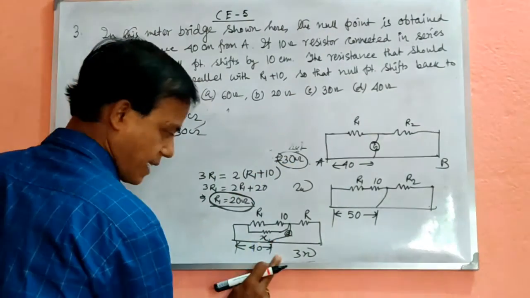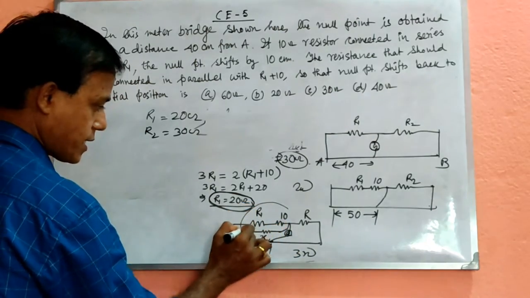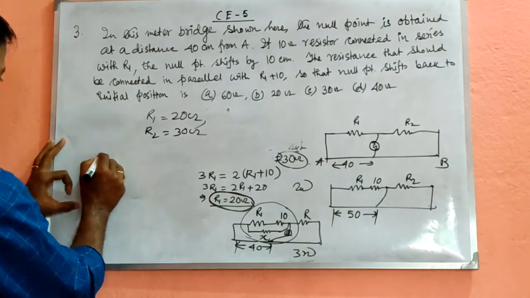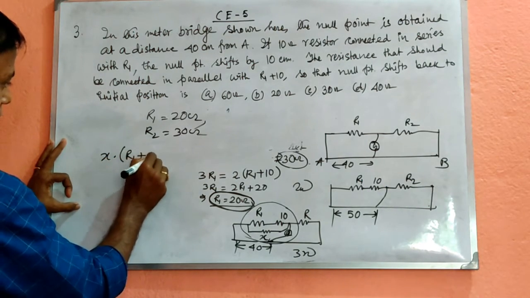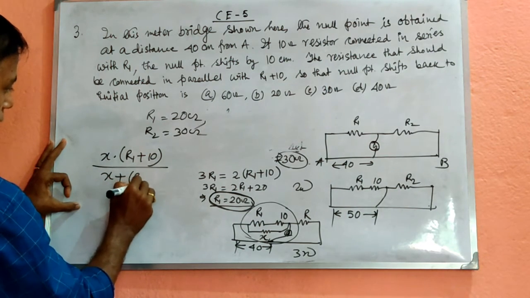In the final case, the total equivalent resistance of this part becomes X into R1 plus 10 by X plus R1 plus 10.